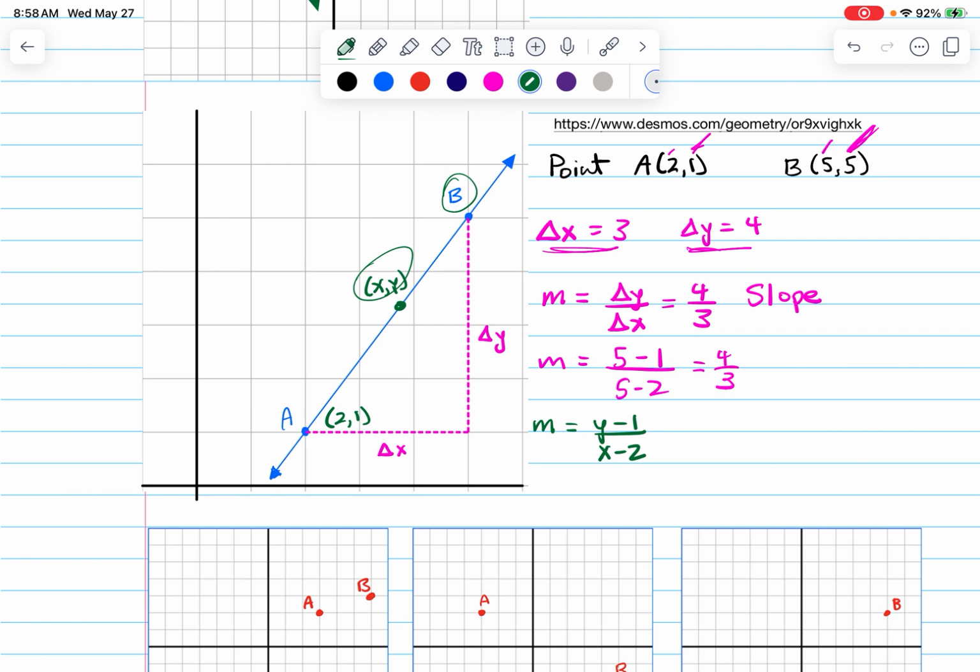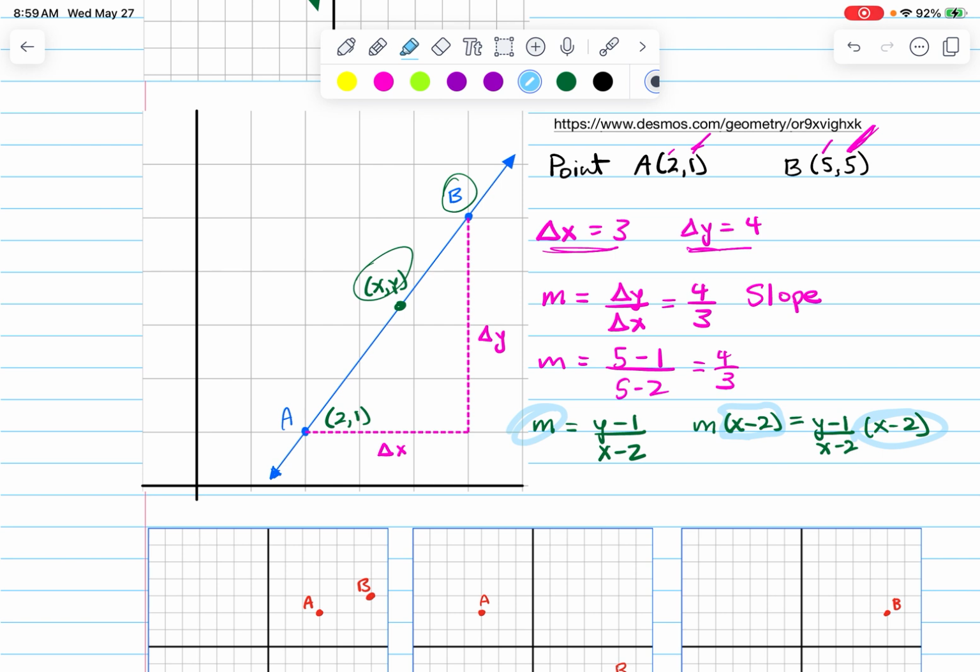Now dig this. I'm going to take this thing and multiply both sides by the denominator. And I can do that. This is an equation. So dig what I've done here. I've multiplied this side over here by x minus 2, and I've multiplied this side over here by x minus 2.